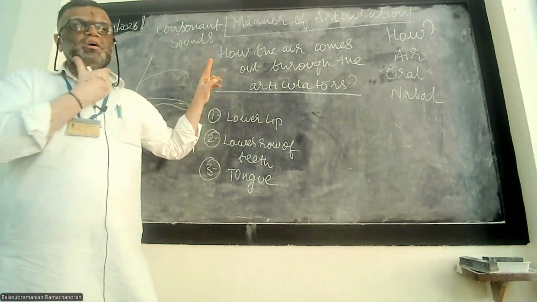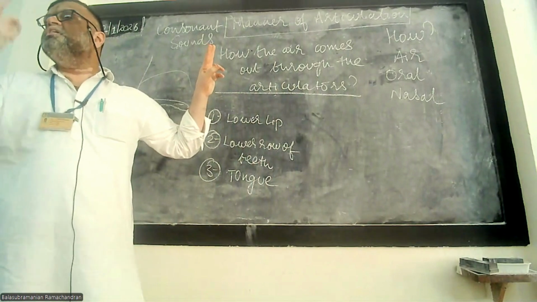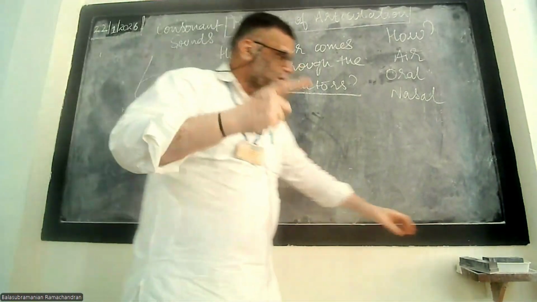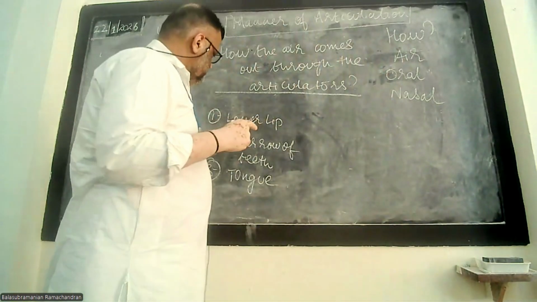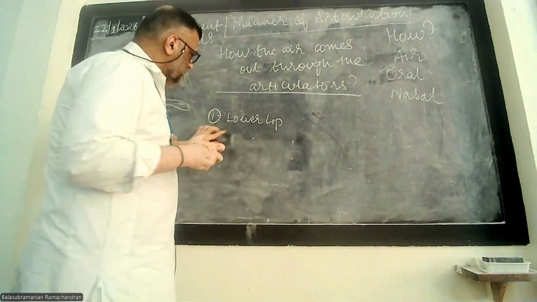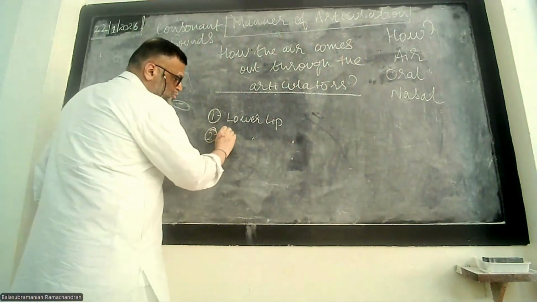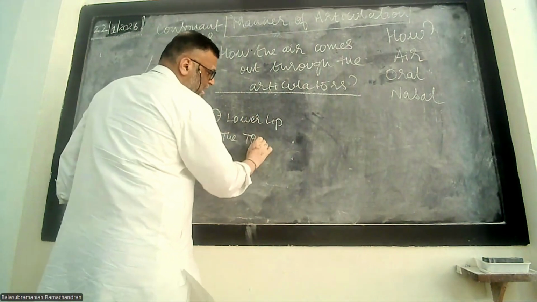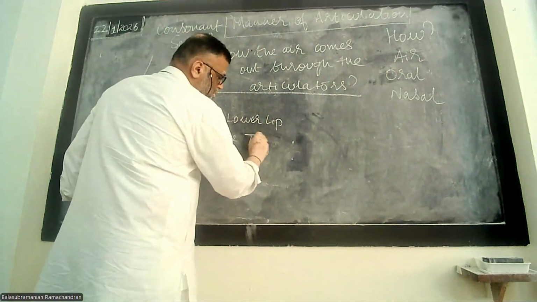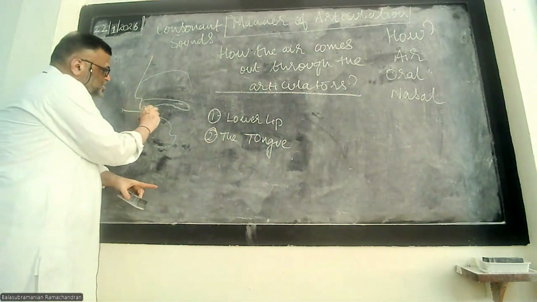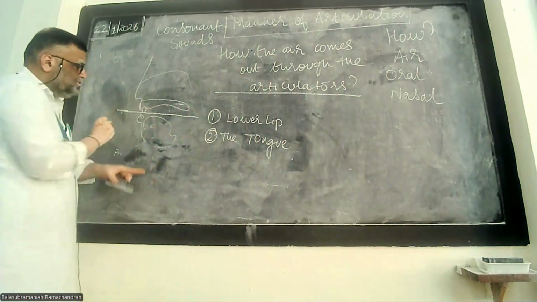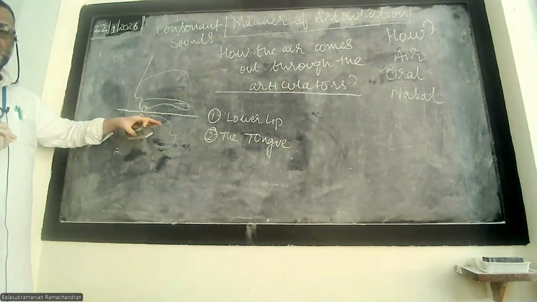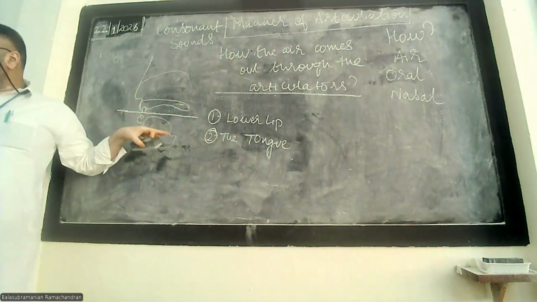The entire lower jaw is mobile, but we will consider only these two as articulators: the lower lip and the tongue. I'm just drawing a line here for your convenience. We have completed the lower part of the lower jaw.